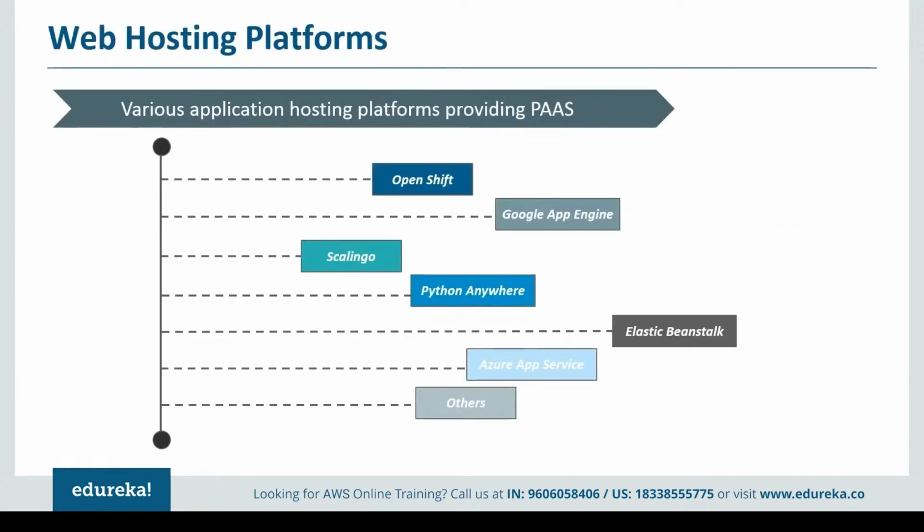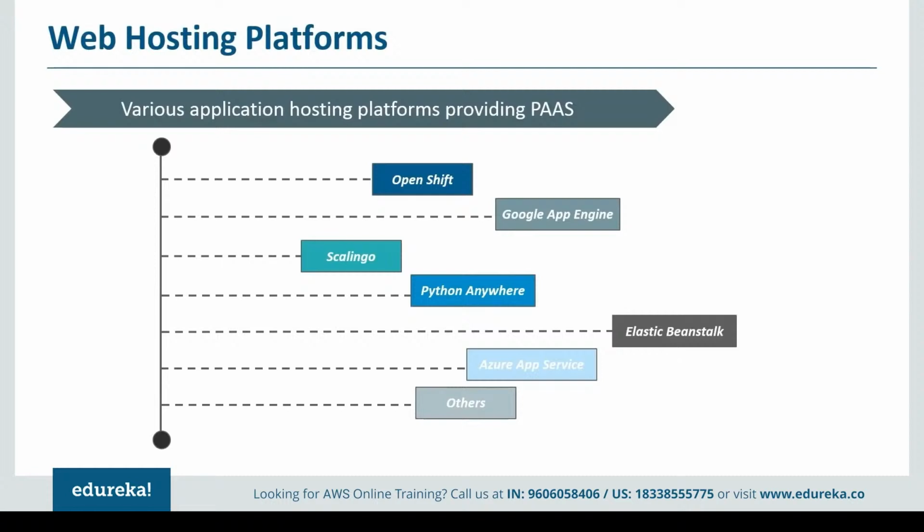In the market, there are quite a lot of application hosting platforms which provide Platform as a Service. Let's have a look at a few of them. First, we have OpenShift, a web hosting platform offered by Red Hat. Then you have Google App Engine, which we all know. Scalingo is a Platform as a Service where you can deploy your application in just 2 minutes. It provides you a production-ready environment where all you have to do is deploy your application code.